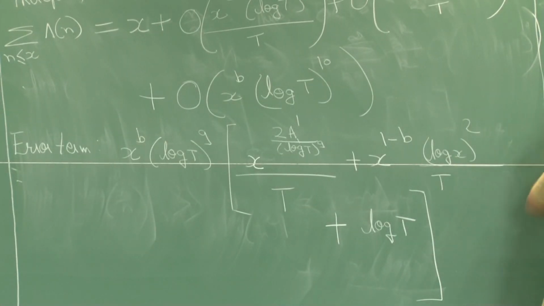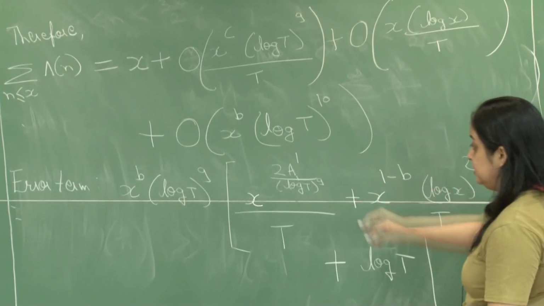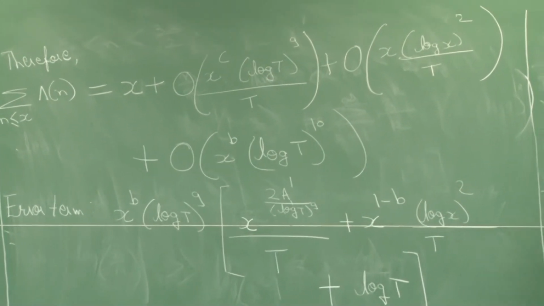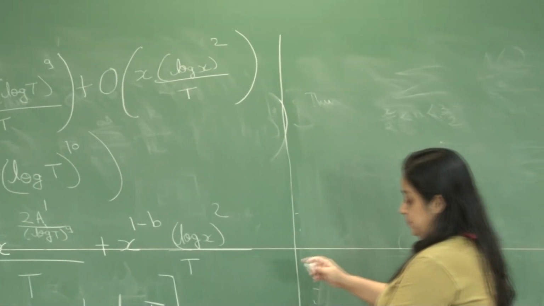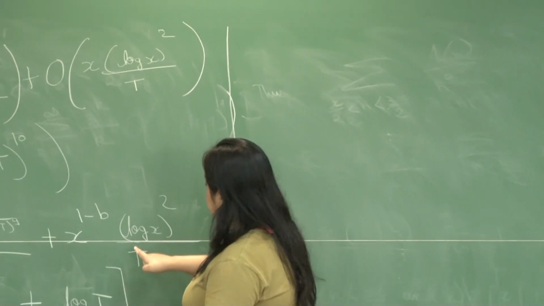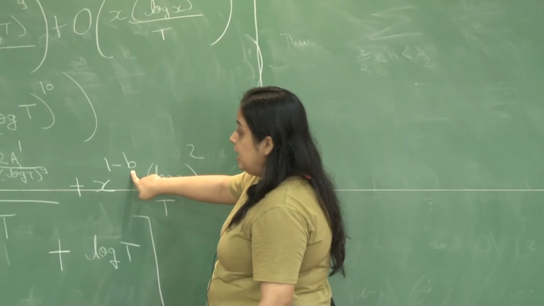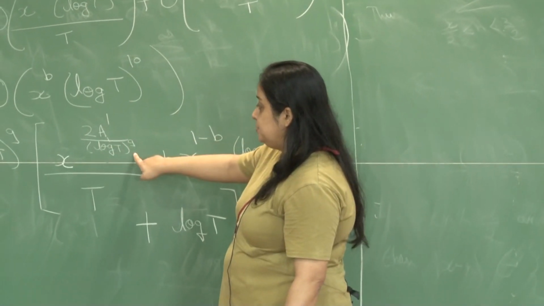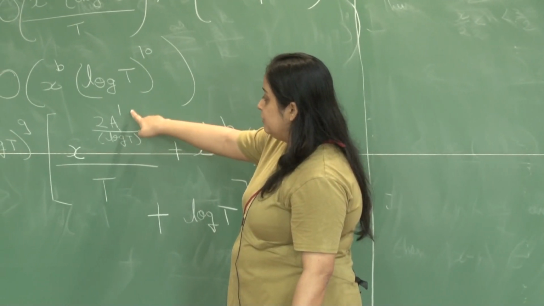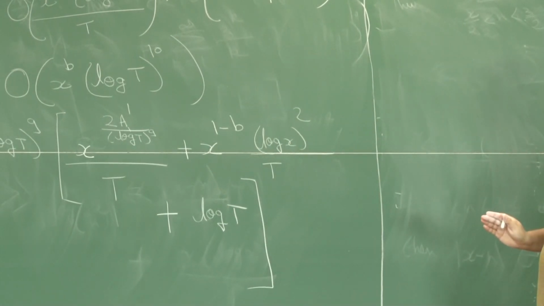So let's understand the contribution from each of these parts. What is this less than or equal to? Basically, note the following. You have x raised to the 1 minus b here, and over here you had x raised to the c minus b, which is what turned out to be 2a1 prime over log T raised to the 9. c minus b is certainly greater than 1 minus b.